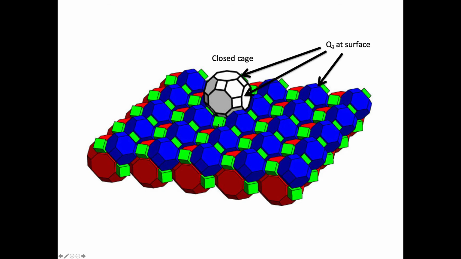Now at the surface of the crystal we have what are called Q3 sites, where you have 3 coordinated framework components. Internally in the zeolite, when they're fully condensed, they've all turned into Q4 sites. So the surface is less stable than it is internally.